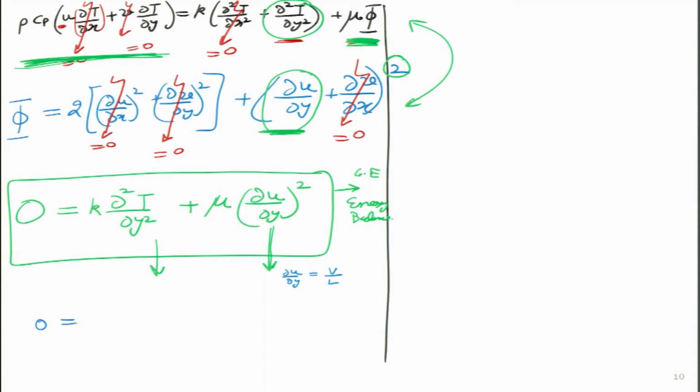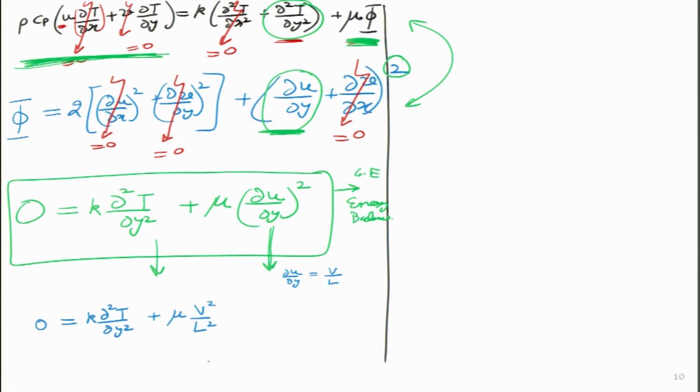What I get is 0 equals k ∂²T/∂y² plus mu V² by L². Sorry, this is capital V square by L square. Now it has become a very simple equation, and I will just integrate it twice and I will get certain constants. Let me go ahead and do that.